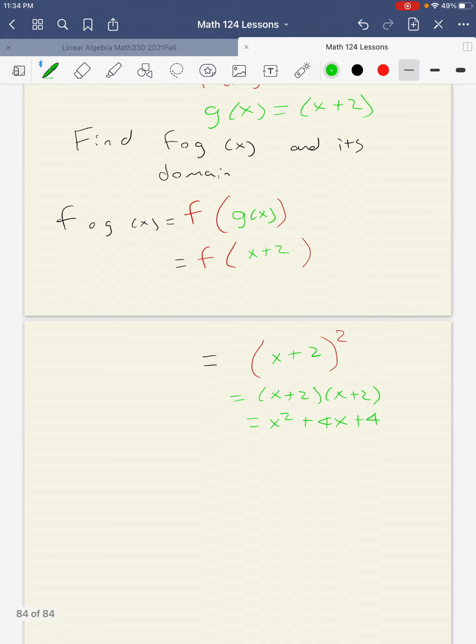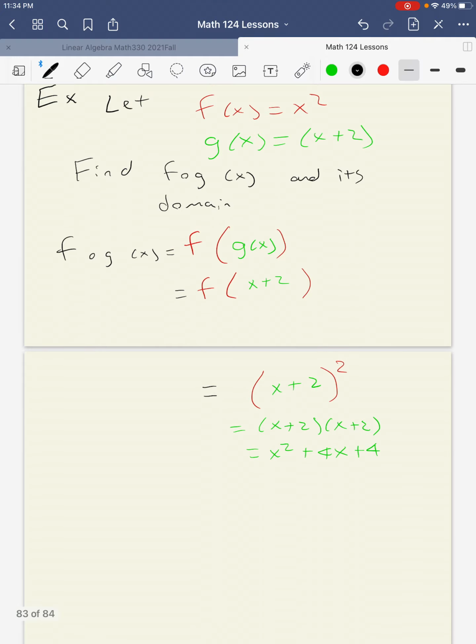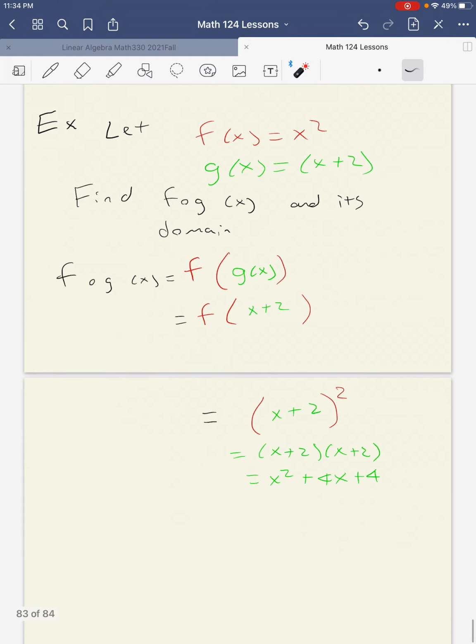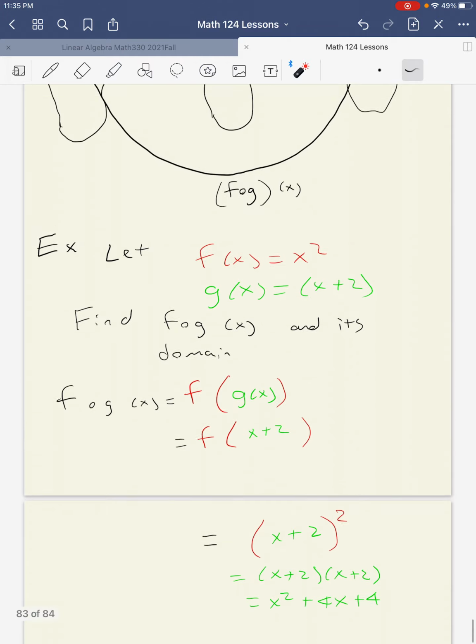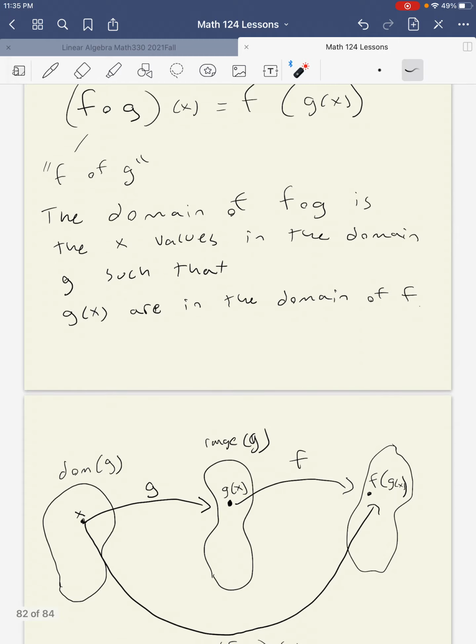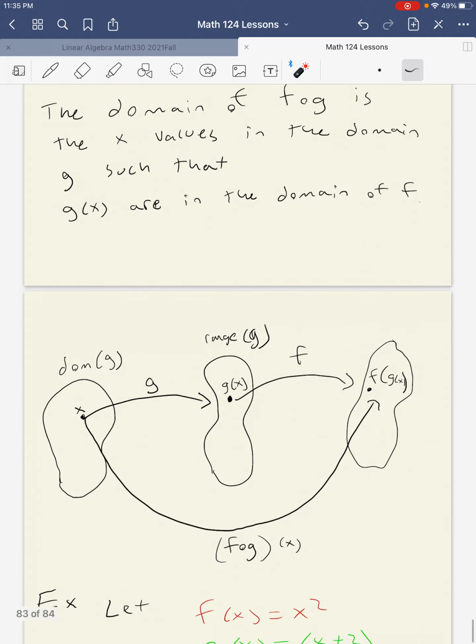Okay, now for the domain, we have to be careful. We can't just look at the domain of our results, although that will sometimes give you the right answer by coincidence. When you find the domain, you have to do it by definition. Find the x's in the domain of g, such that g of x is in the domain of f.